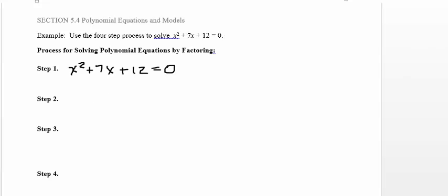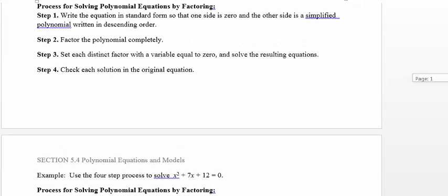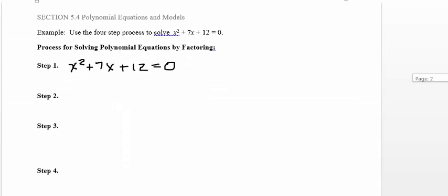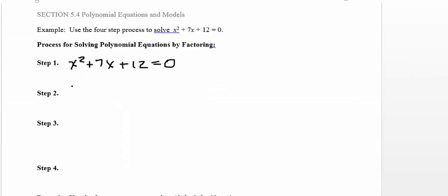Now let's factor it completely. x plus 4 times x plus 3 are the factors of this polynomial, and I set that product equal to 0.